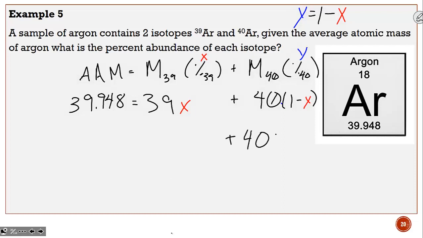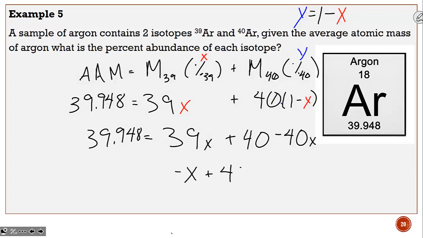We get 40 minus 40x plus 39x has to equal 39.948. Combining like terms, we get negative x plus 40 equals 39.948.